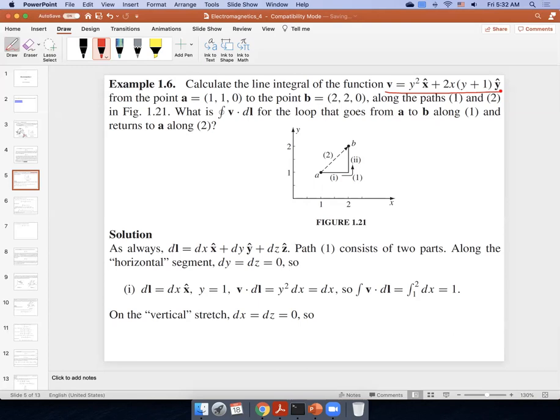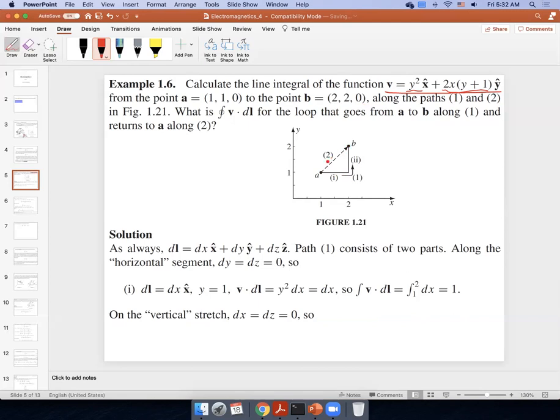So it has an x component here and a y component here. That's why it's called a vector function. From the point A to the point B, so point A is (1, 1, 0), point B is (2, 2, 0). So along the paths 1 and 2, which are shown here. For path 1, it first goes to the right and then goes up.